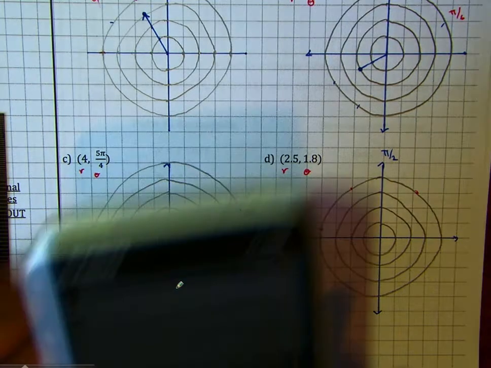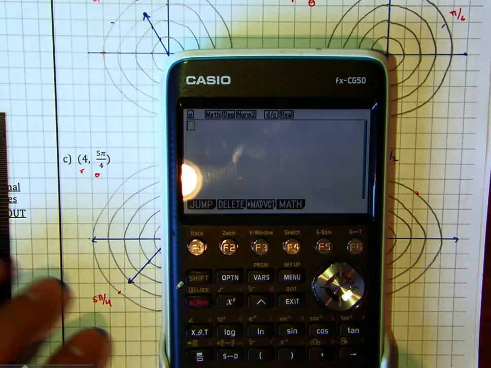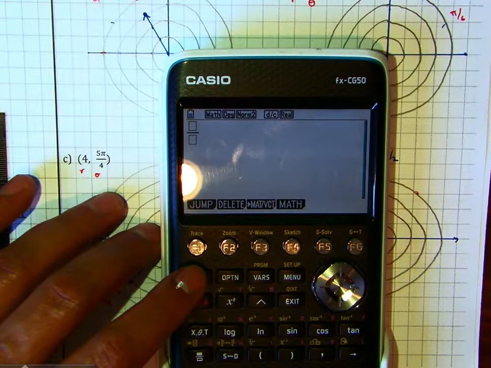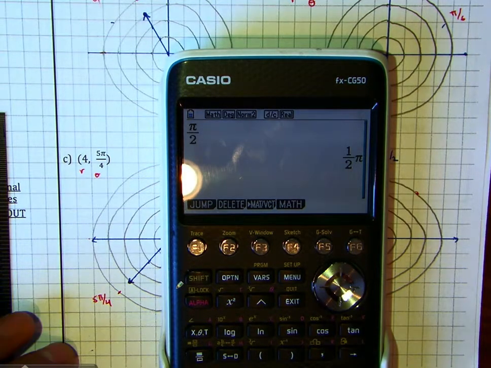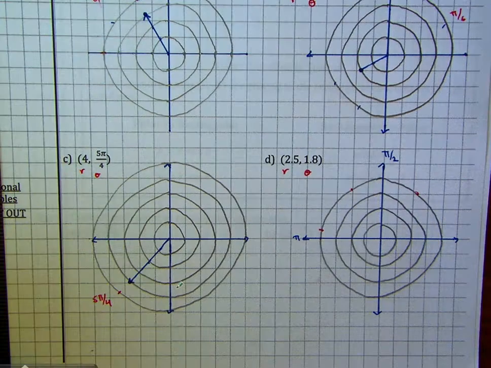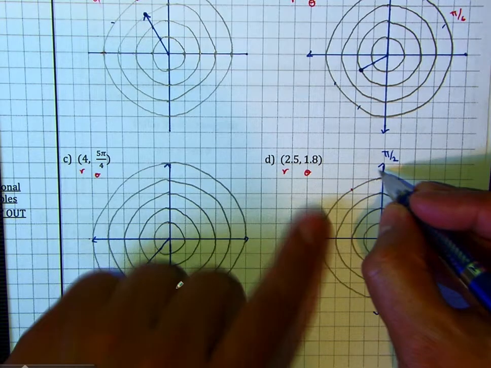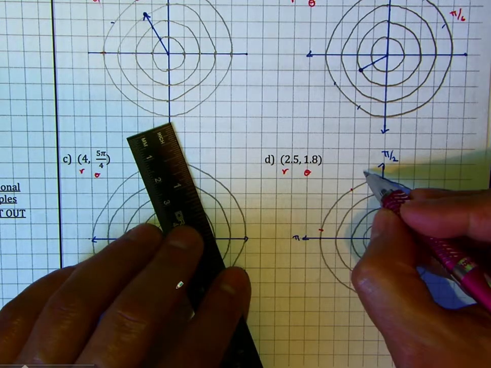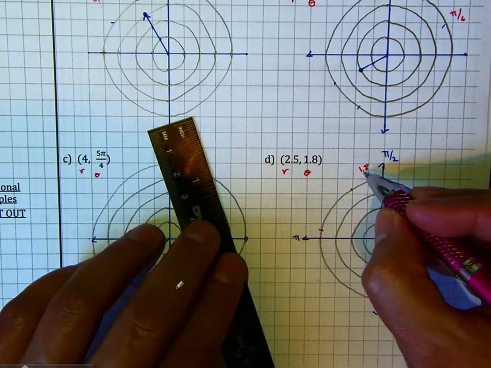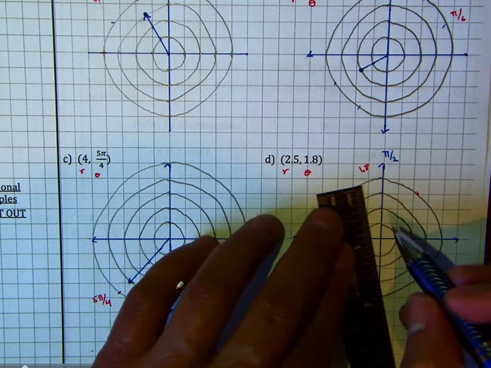And if you're not too sure, you can just type in pi over 2 and convert it to decimal, 1.57. You should know that measurement at this point. So 1.8 will be after, somewhere around here. We're just going to label this 1.8. And we can actually find the correct degree, but in this case, we're going to do an estimation.